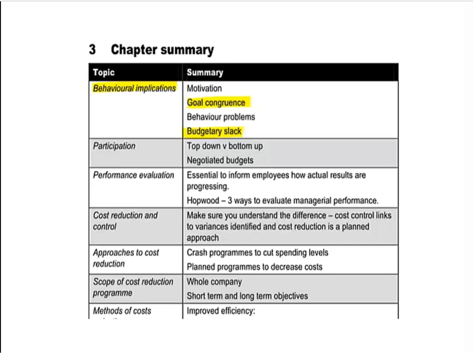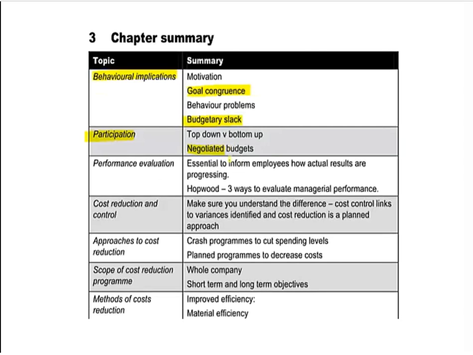There then is the question about whether or not to get employees involved in the budget setting process. So whether or not participation through bottom-up budgets is a good idea, or whether it's more efficient for employees to just be told and use top-down budgets. And in reality, negotiated budgets are most common, but you need to be aware of the advantages and disadvantages of the other two.